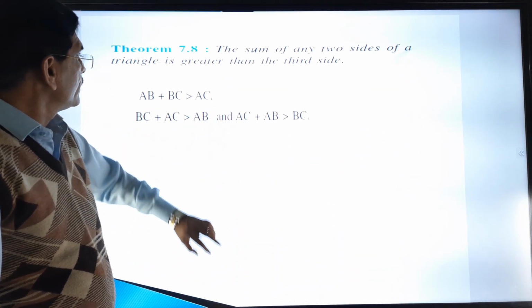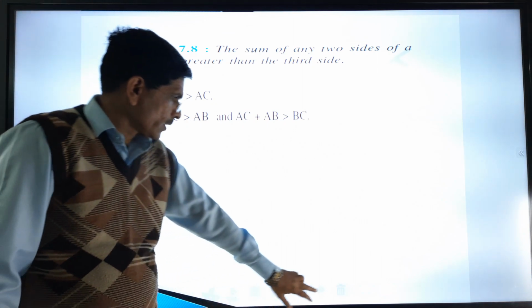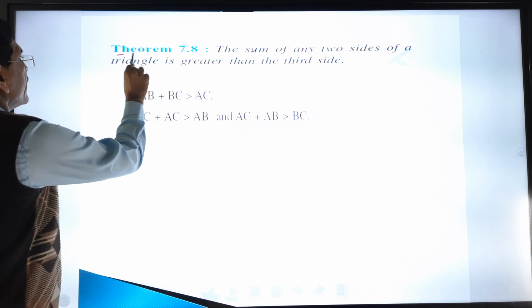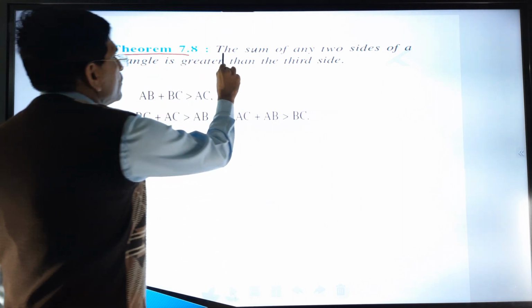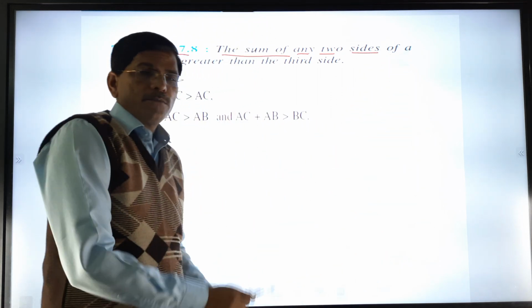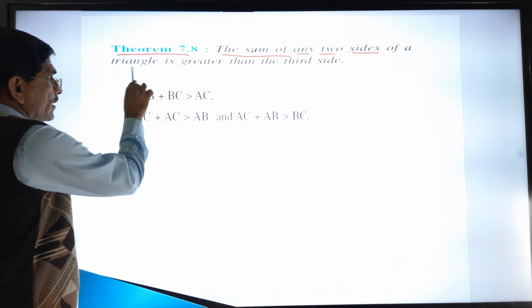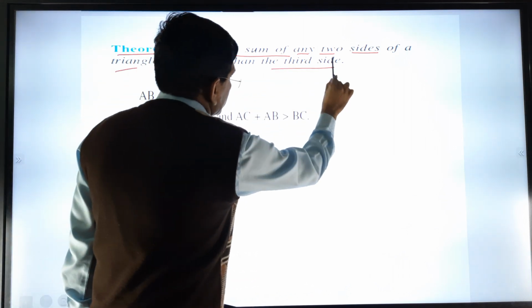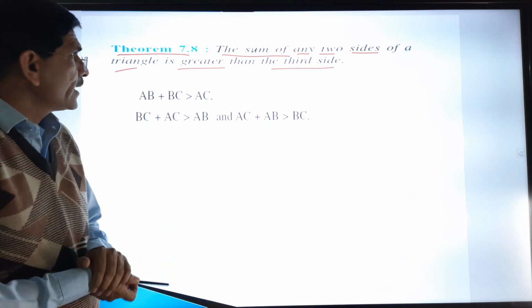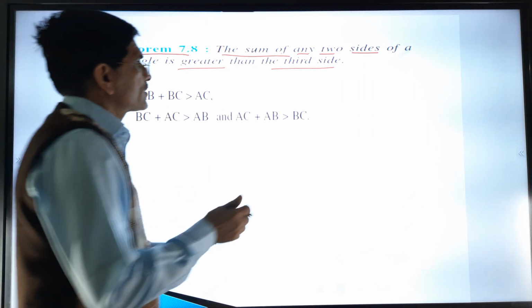Theorem 7.8. It is also useful for us. Sum of any two sides of a triangle is greater than the third side.